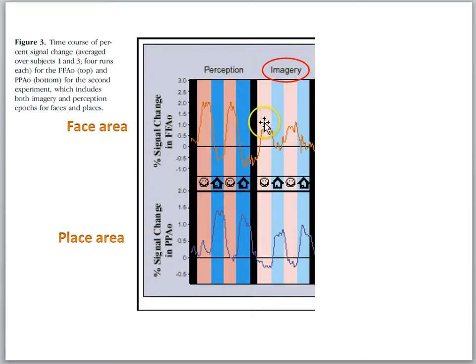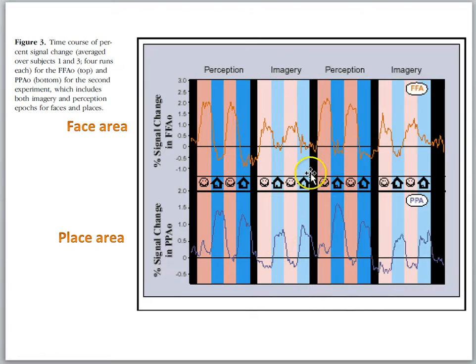And notice we're getting activity in the face area for imagining a face, and we're getting activity in the place area for imagining a house. So what this is suggesting is that during imagery, when we have to reactivate memories to generate the contents of our imagination, we're getting activity in the same areas that are used for the perception of those same kind of stimuli.